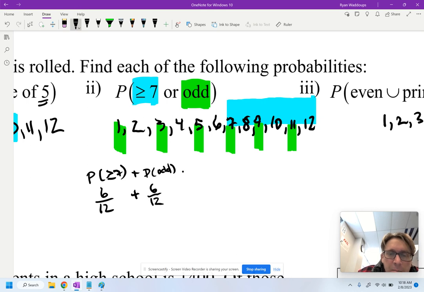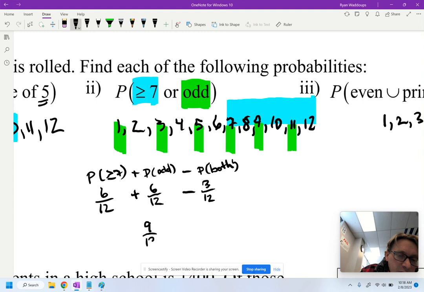So that's again 6/12 minus the probability of both. And so that'd be minus the numbers that are both greater than or equal to 7 and odd, which are 1, 2, 3. And so that'd be 3/12. So 6/12 plus 6/12 would be 12/12 minus 3 would be 9.